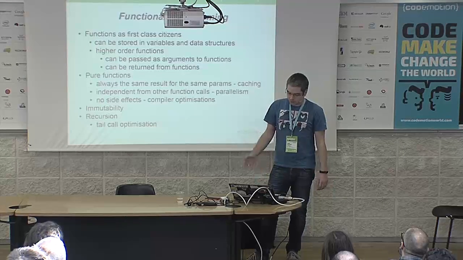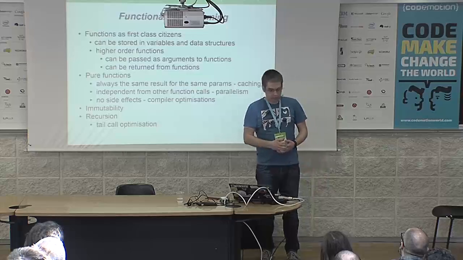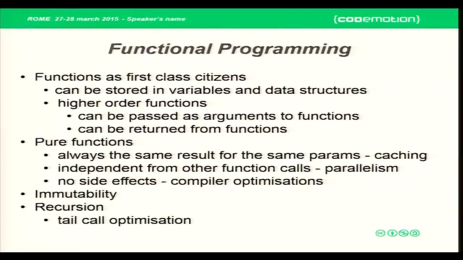And finally, recursion, as you probably all know, a fundamental thing for functional programming. While you're doing recursion, it's pretty dangerous, because you can run out of memory for your stack. When you keep stacking your calls one on top of the other, you can get the Stack Overflow exception.